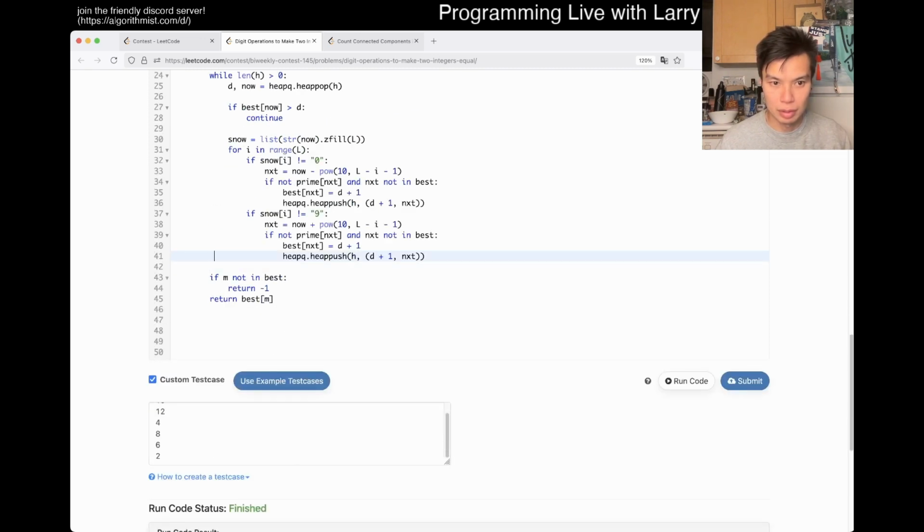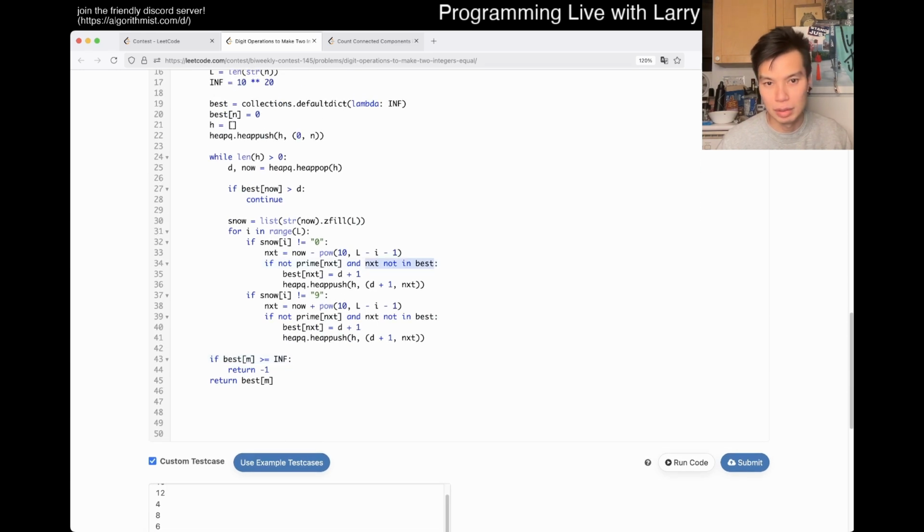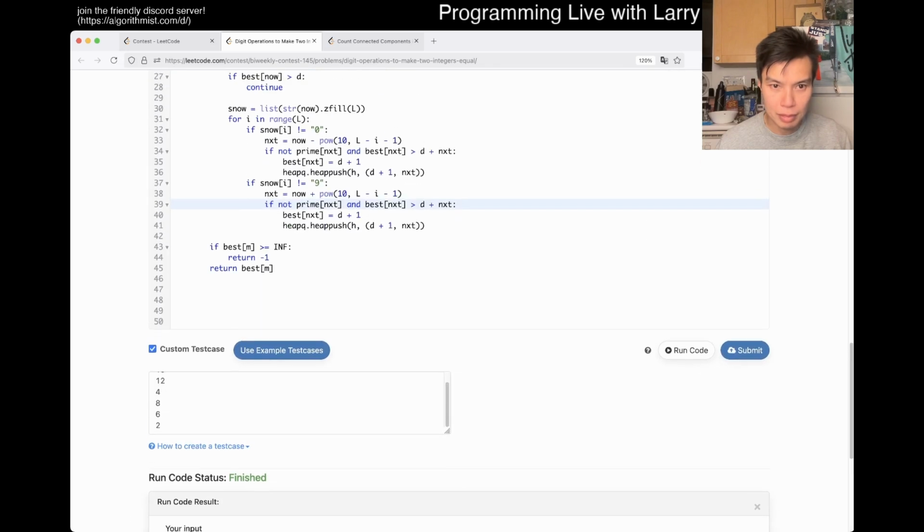If and then now is greater than d plus the cost, which is the new number. Okay, do we count the first number? Actually, I don't know that we do or not, but I guess it'll be apparent. Well, maybe not.